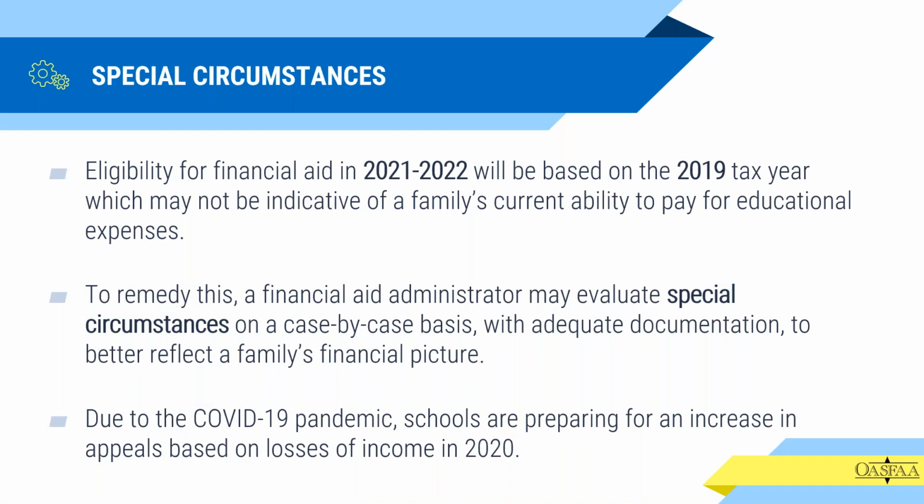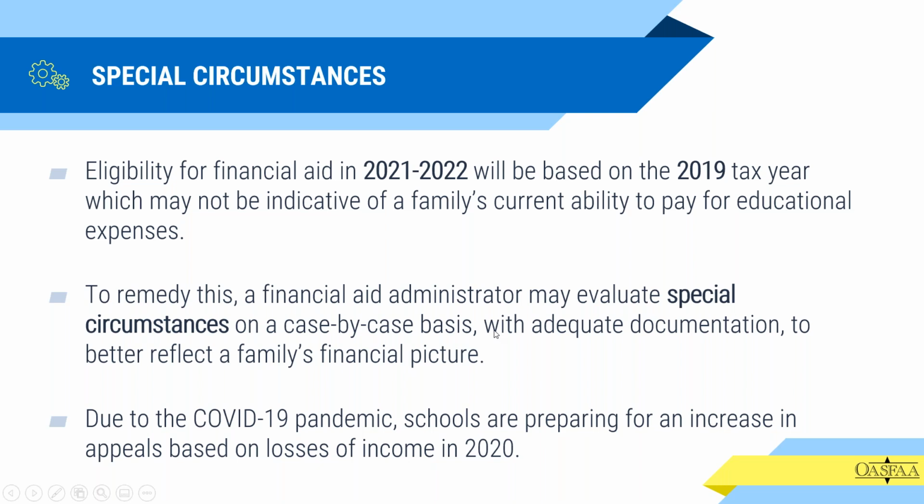Special circumstances, Faith hit on this just a little bit. There are obviously circumstances that lead to a student possibly needing to ask for an exception or use a different year of income because they've had some major changes. Due to the pandemic, schools are preparing to see increases in this process in the next year or two.